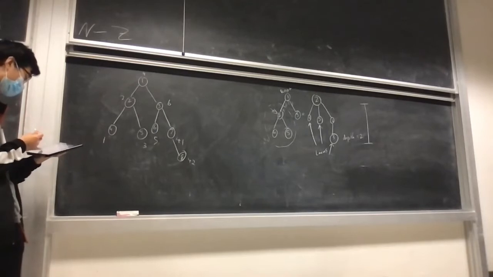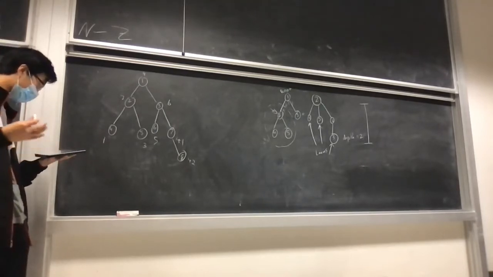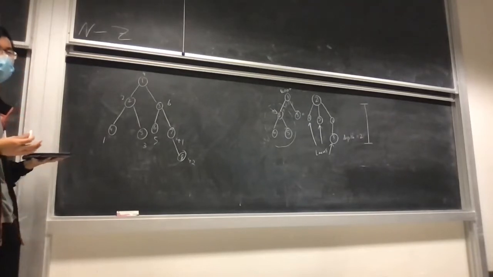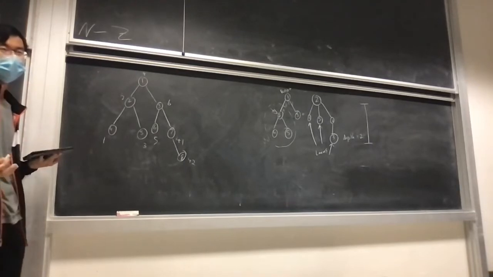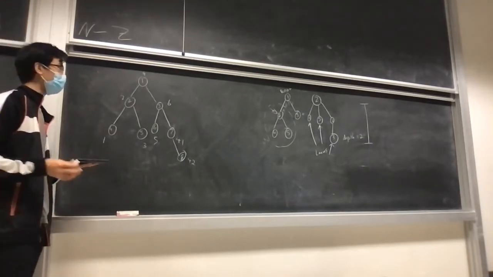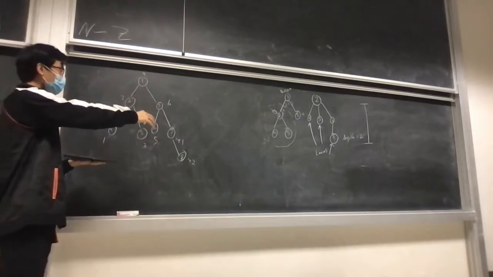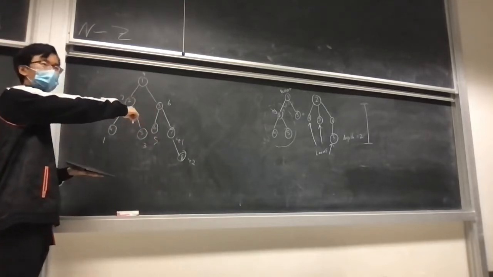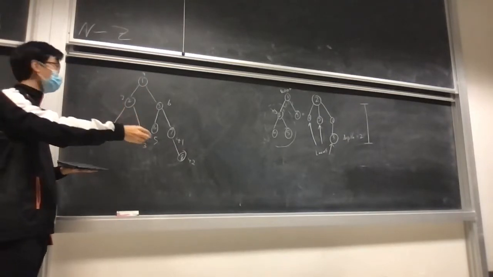But notice that the slides have SBBST, and that stands for self-balancing binary search tree, which we won't be talking about today. But just think about it as a binary tree that rearranges itself and also rearranges the nodes such that the height of the tree is always log n.